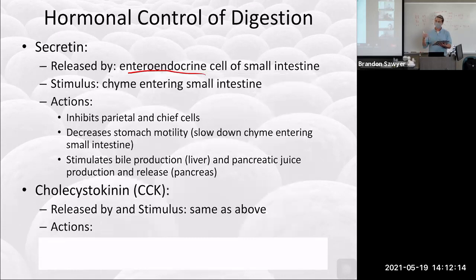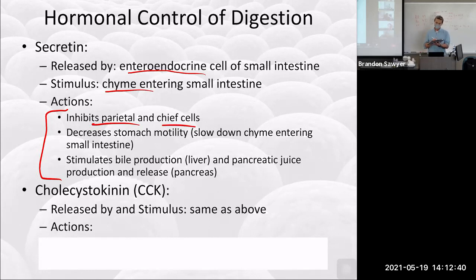As soon as the chyme enters the small intestine, that stimulates release of secretin. Secretin has three primary actions. First of all, it tells the stomach, all right, your job's done, so you can stop releasing what you were releasing. So it inhibits the parietal and the chief cells. Since the food is now in the small intestine, we can slow down what the stomach's doing.